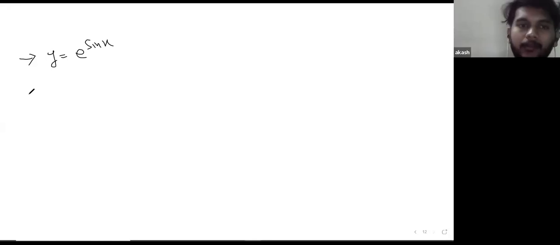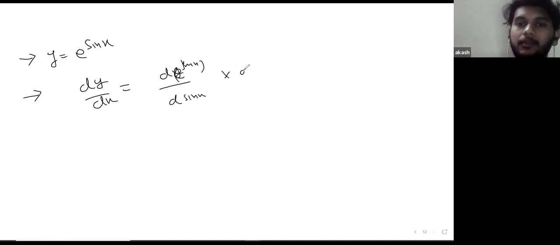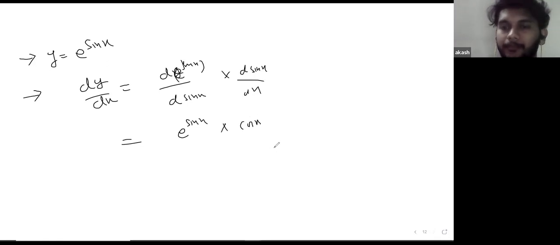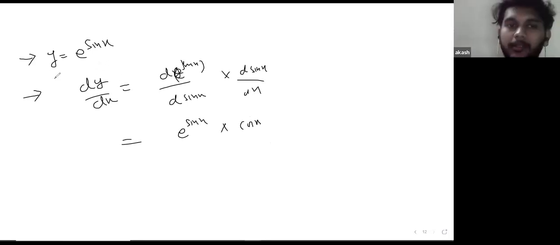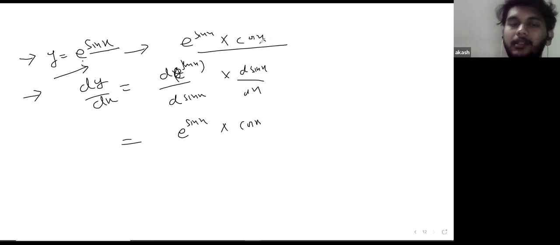All right, so dy by dx will be d of e raised to the power sin x with respect to sin x into differentiation of sin x with respect to x. So that will be e raised to the power sin x only into cos x. Is this your answer, Rahman? Yes, sir. By the third method, look here. This is e raised to the power x, so e raised to the power x into, this e is cancelled, now sin x cos x.